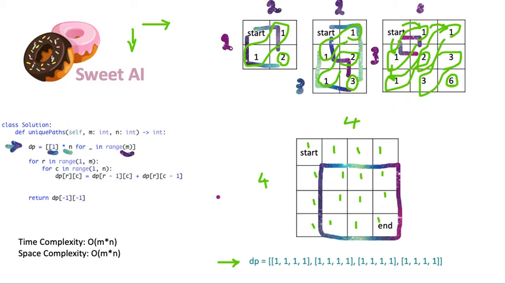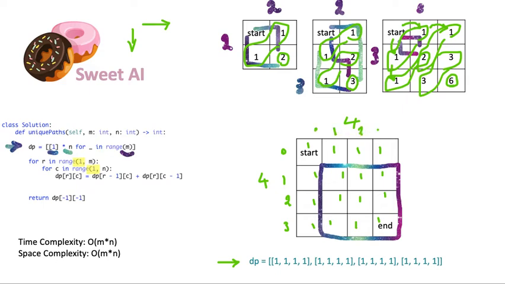To do that, we are going to start from the second row, which, because it starts from 0, is going to be 1. And the first column, which, because it starts from 0, is going to be 1 as well.